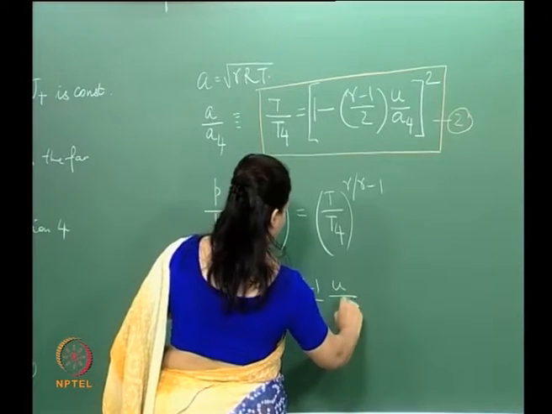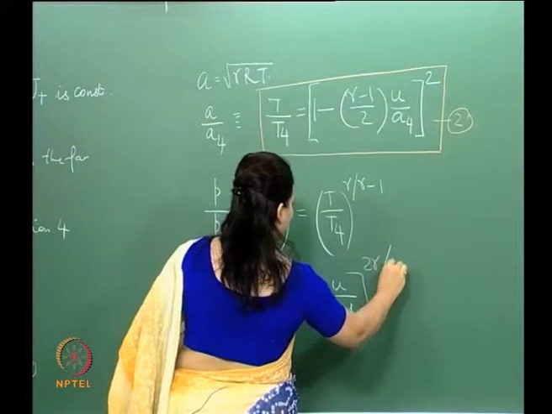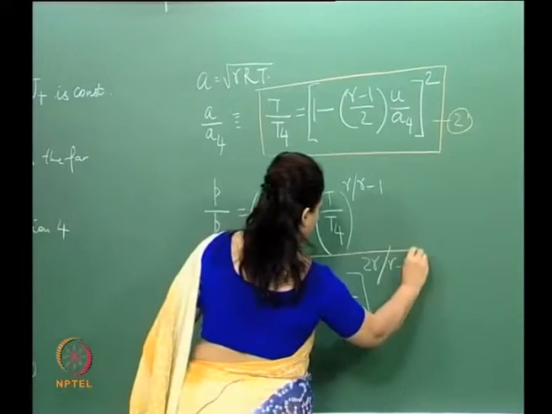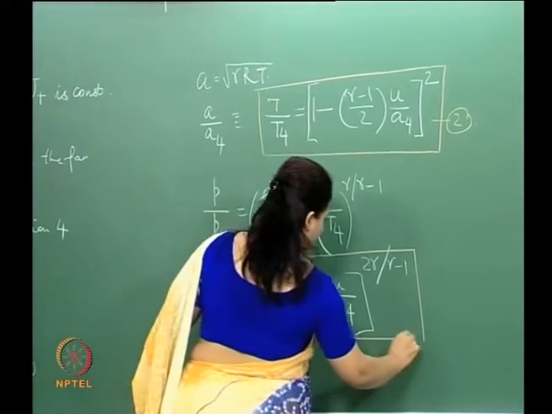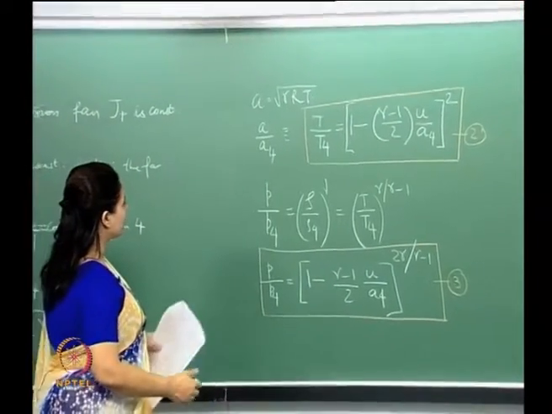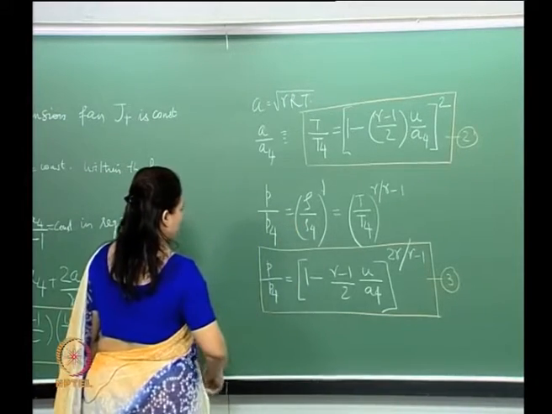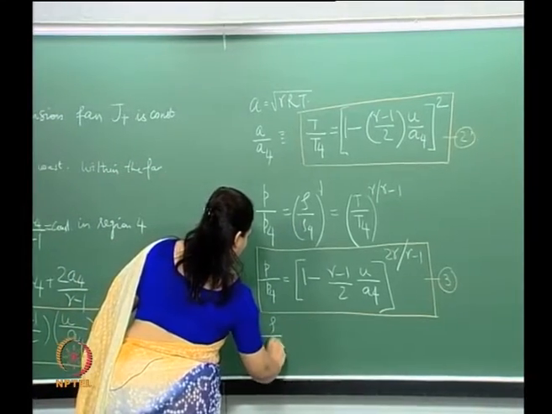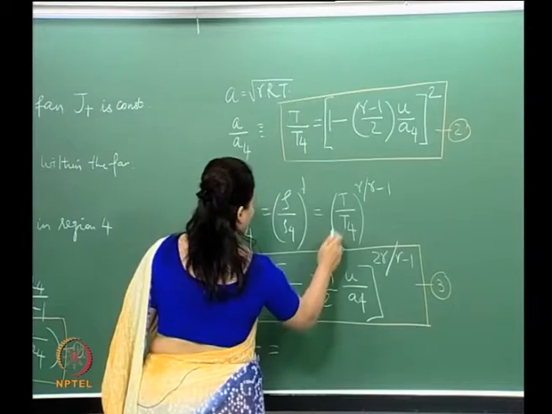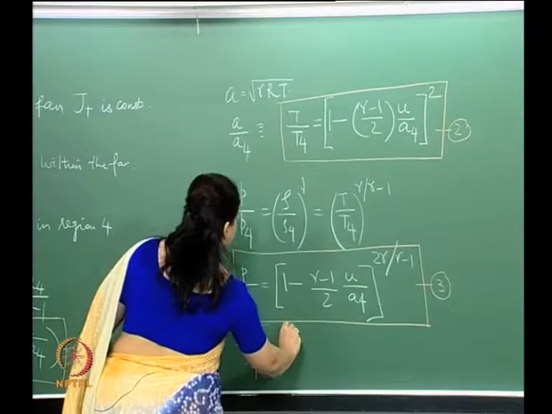I am just rewriting that for completion. This is the relationship of the pressure, and let us also write the density. So rho by rho4 is essentially equal to T by T4 to the power 1 by gamma minus 1.